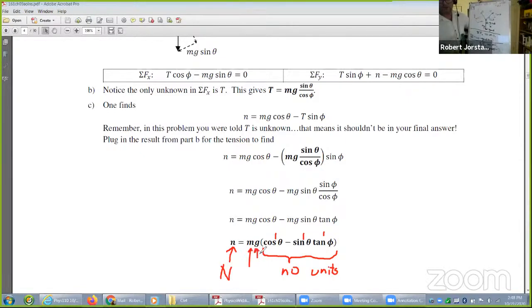So mg is a force, and this is also a force, kilogram times meter per second squared, which is the same thing as a Newton. Said another way, the units of mg equal the units of force.